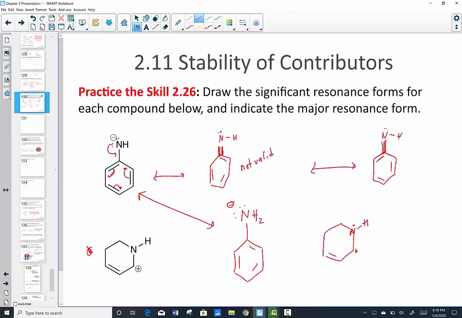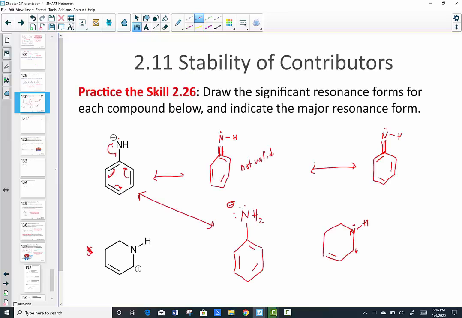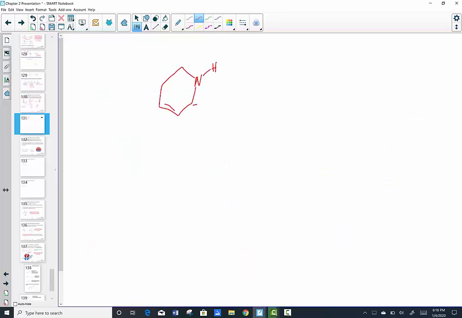I'm going to just redraw that so I have some room. Cyclic NH. And just to remind ourselves, this is where the double bond was, and we had a positive sign directly here. I just wanted to redraw and work this through.